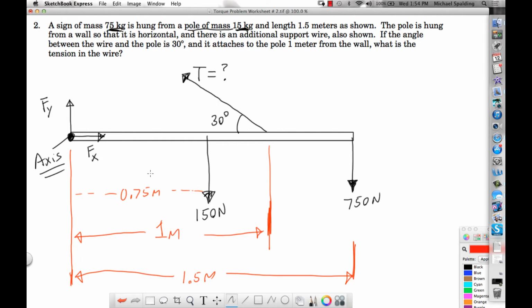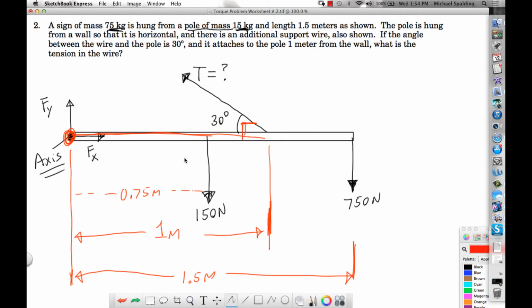Now, you guys haven't seen problem 1 yet because I did that last period, but you're going to watch the video, right? So in problem 1, we came across this situation. Here's the problem. Our axis is right here. If you go over to the tension, is this distance right here perpendicular to the tension?